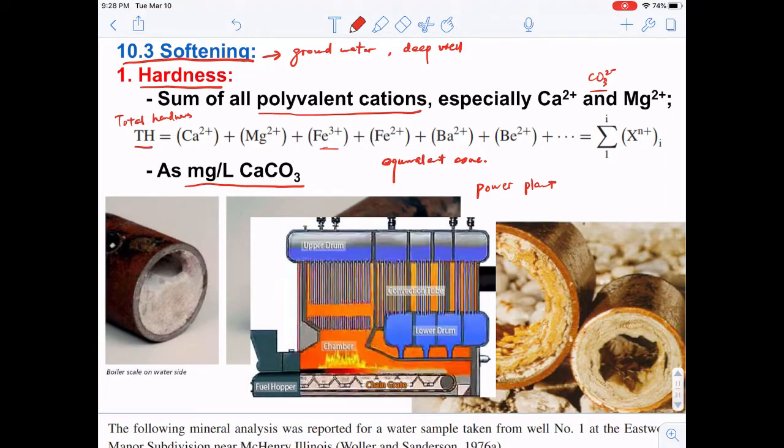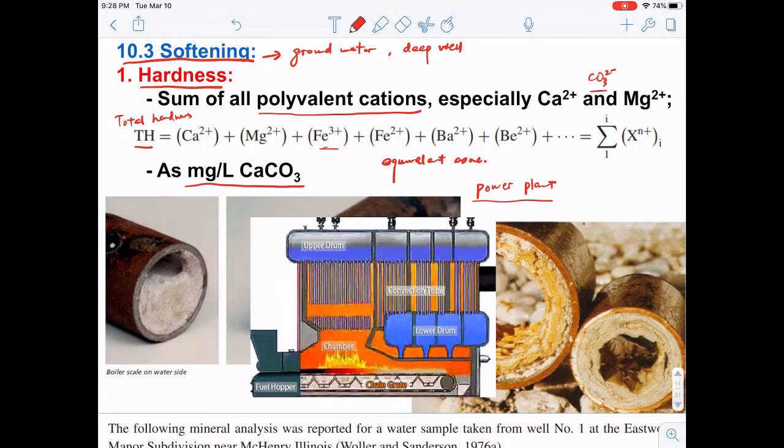Here we really don't want any metal ions or polyvalent ions to exist in water, because once they are heated, they form scales or sediments in the tube, and that is going to block the water being transported. In that case, there is no way they can generate the same amount of steam to drive the turbine, and that is going to significantly influence the performance of the power plant.